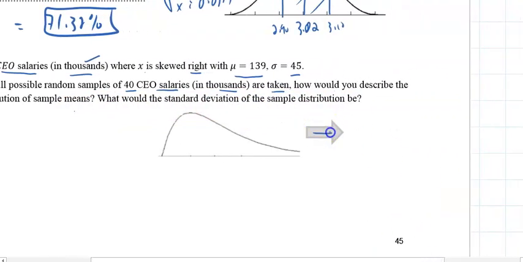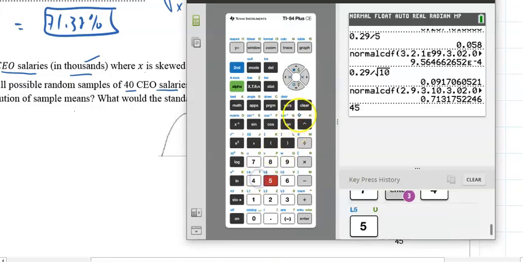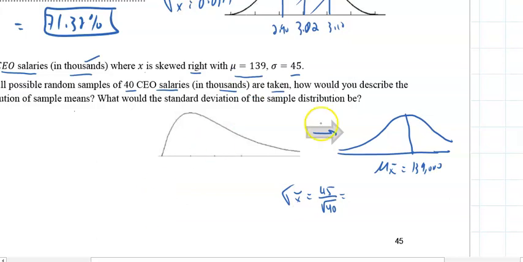Well, I will describe this to be normally distributed with an average of 139,000, and the standard deviation would be the population standard deviation divided by the square root of 40, which is 45 divided by the square root of 40, 7.115. And why is that? They didn't say the population was normal, but n equals 40.